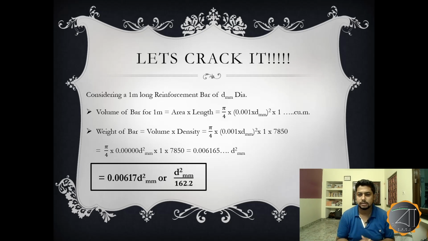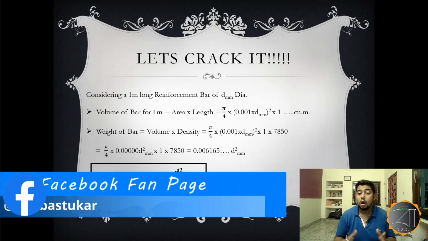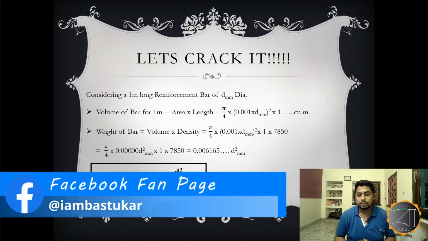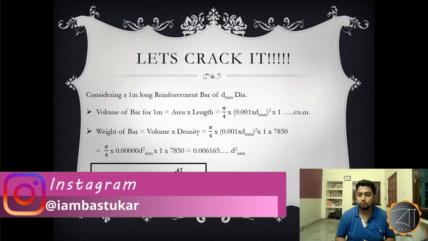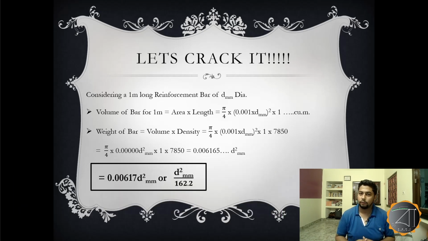As I marked, this is d mm dia. So the volume of that 1 meter bar will be simple: the cross sectional area of a circle, as reinforcing bars have circular cross section, times its length. Therefore pi by 4 into d square, as we know the cross sectional area of a circle. So it will be pi by 4 into (0.001 multiplied by d mm) whole squared.